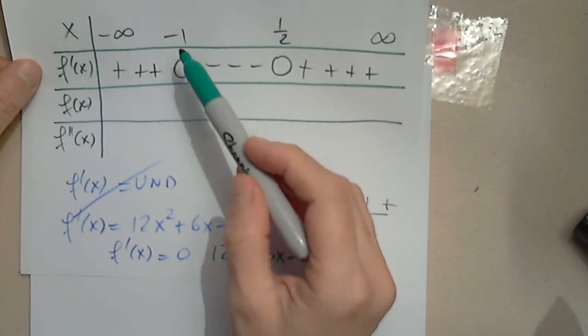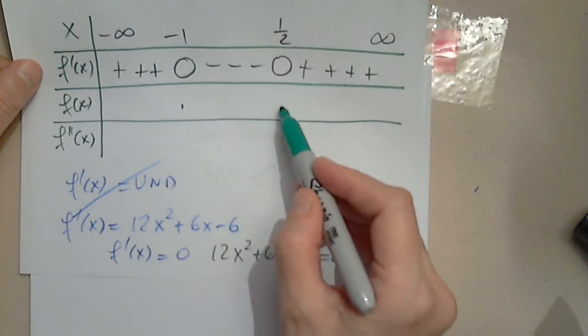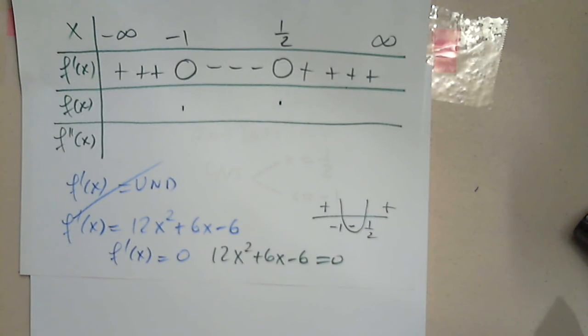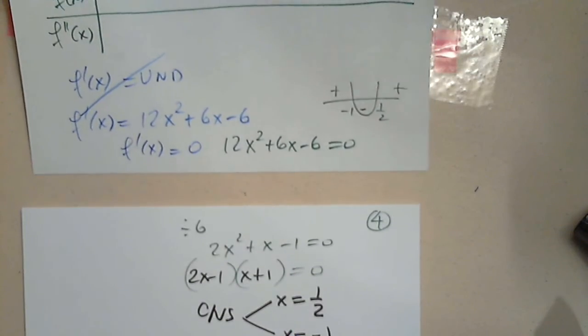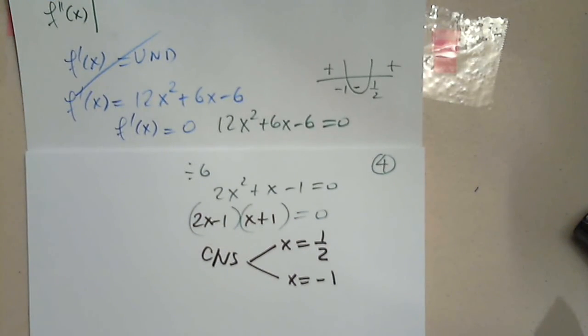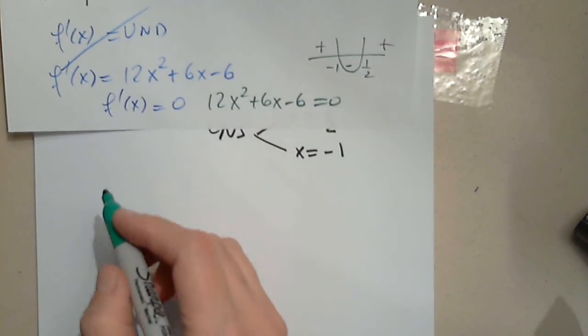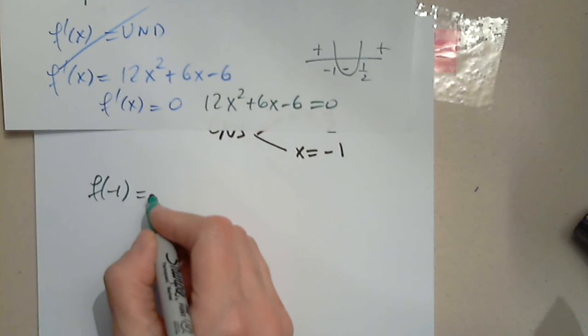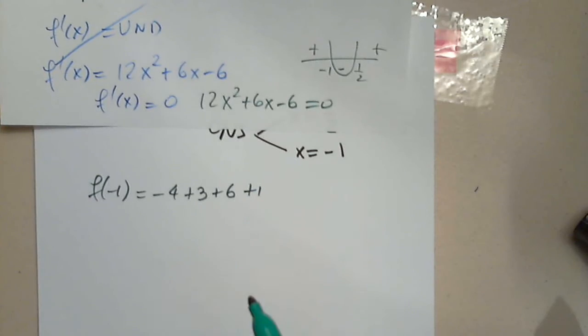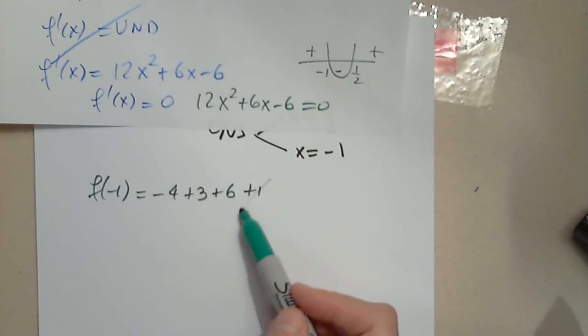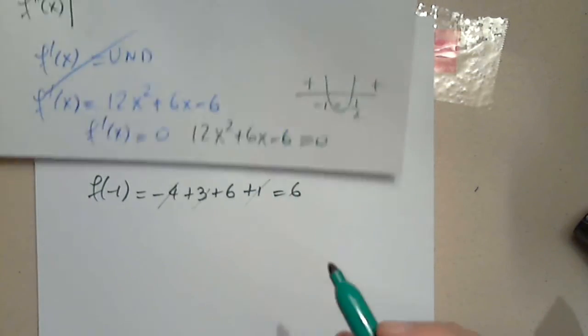At this point, I should determine these 2 values. So for negative 1, that's not a problem. But for 1/2, I'll use the calculator. So f of negative 1 is negative 4 plus 3 plus 6 plus 1. So these go away, so it's 6.